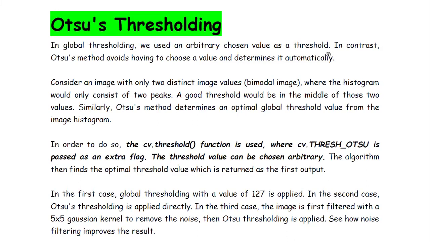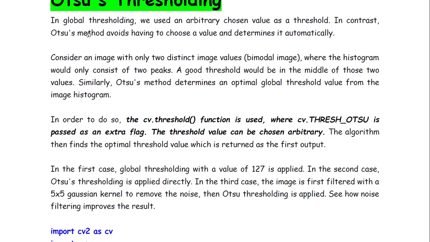We take a constant value, maybe 125, 127, whatever it is, and that threshold value we have considered arbitrarily. In contrast, the Otsu method avoids having to choose a value and determines it automatically. So this is the plus point of Otsu.